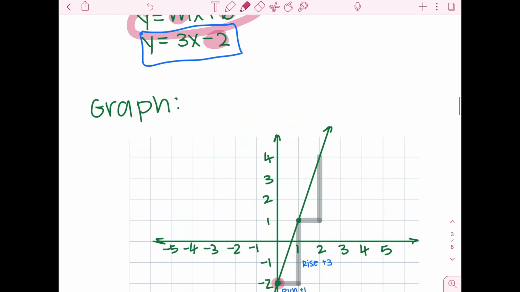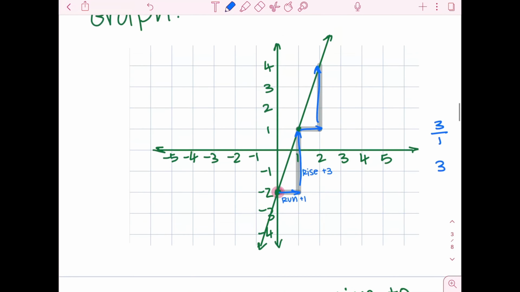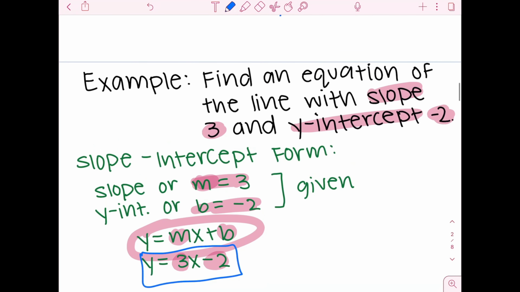Then, if it has a slope of positive 3, we're going to have a run of positive 1 and a rise of 3, giving us the slope of 3 divided by 1, or 3. So we're going to run once to the right and then go up positive 3. You can also see this along the triangles too. And this is your graph for example number 2 of slope-intercept form.